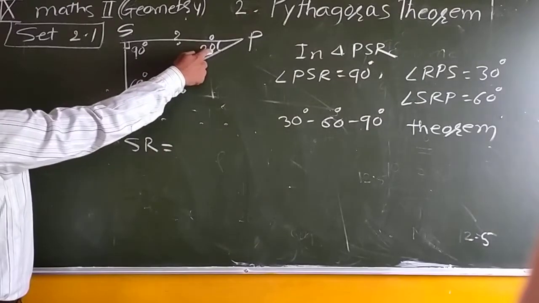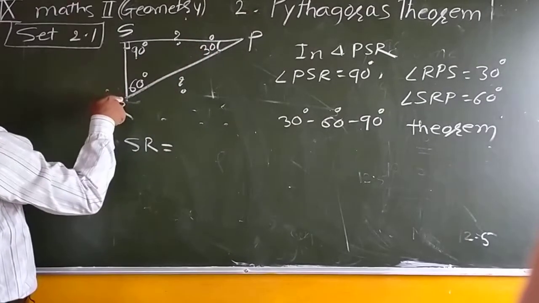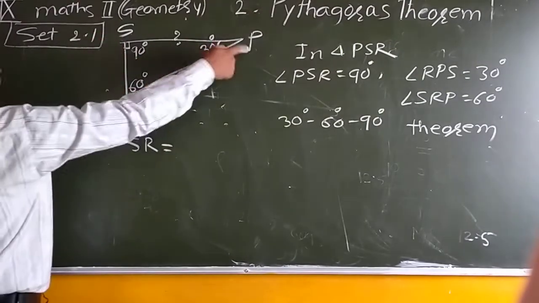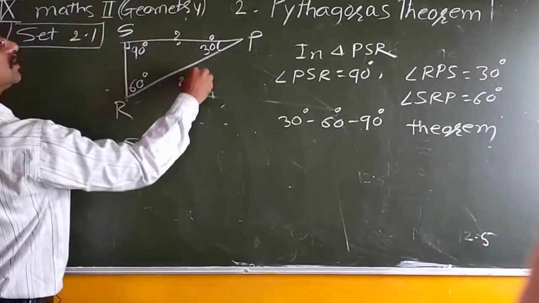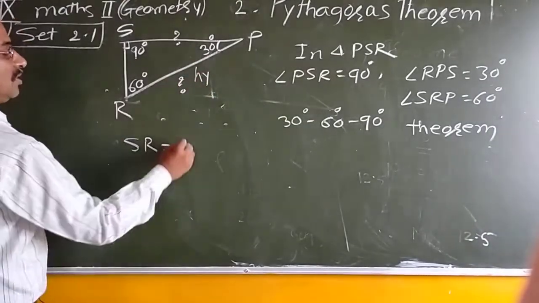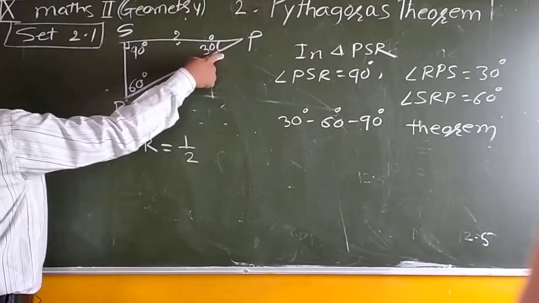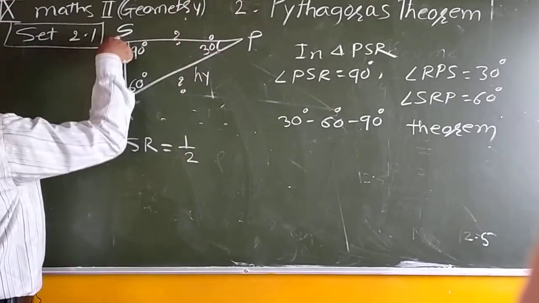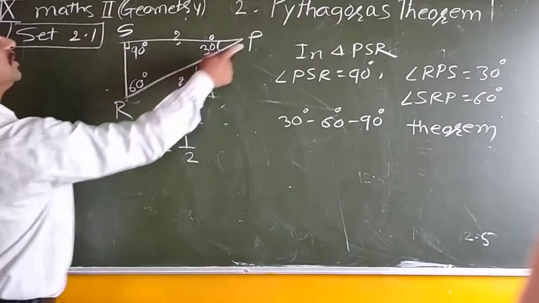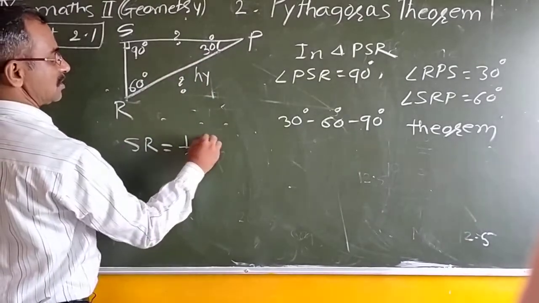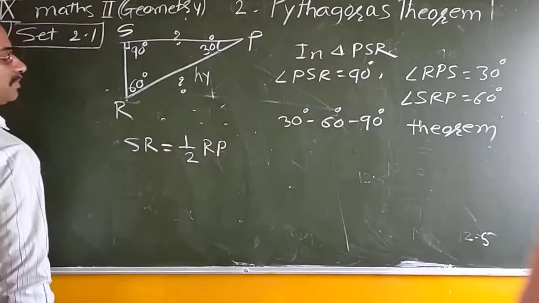The side opposite the 30 degree angle is half of the hypotenuse. This is the hypotenuse. So the side opposite the 30 degree angle is 1/2 into RP.